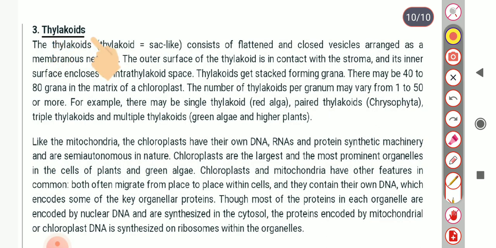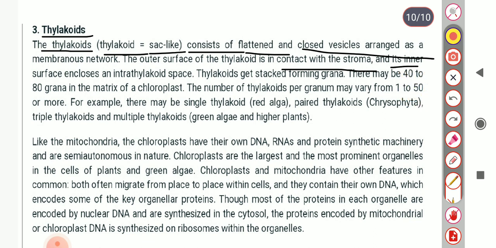Third, thylakoid. The thylakoid means a sac-like structure, flattened closed vesicles arranged as a membrane network. The outer surface of the thylakoid is connected with the stroma, and its inner surface is enclosed by the intrathylakoid space. Thylakoids get stacked forming grana, and there are 40 to 80 grana in the matrix of the chloroplast.